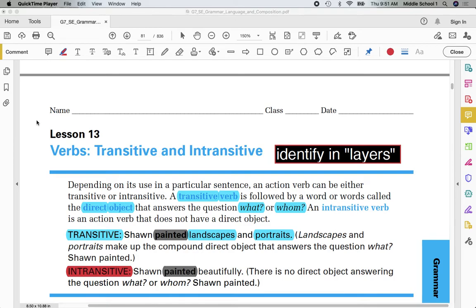This is one of those nouns that we may have already identified in a previous unit, but we didn't say what it was other than it's a noun. So now we're going to see if there's something that goes along with the noun.